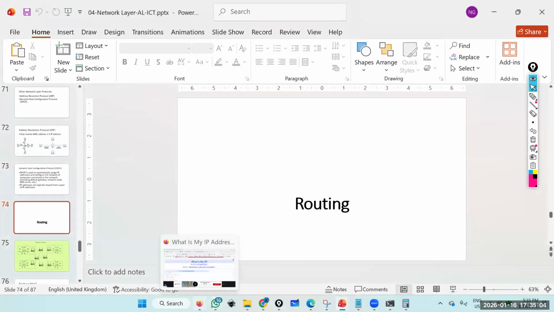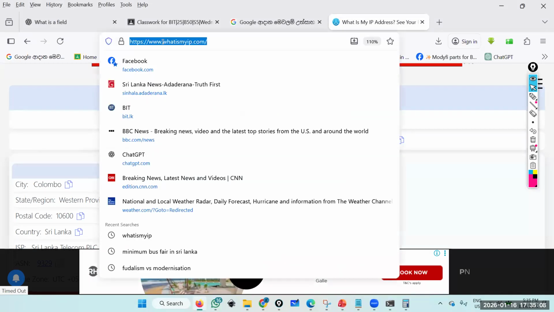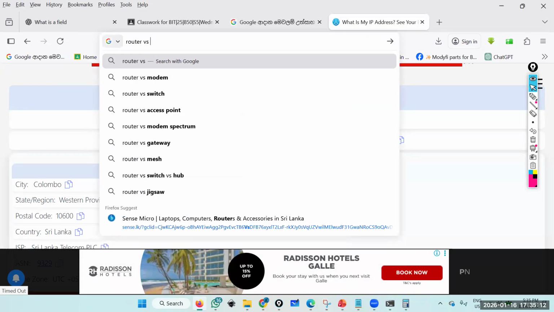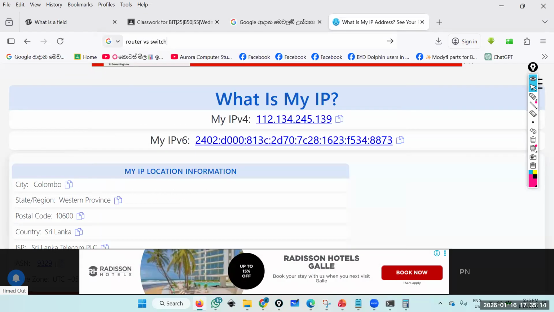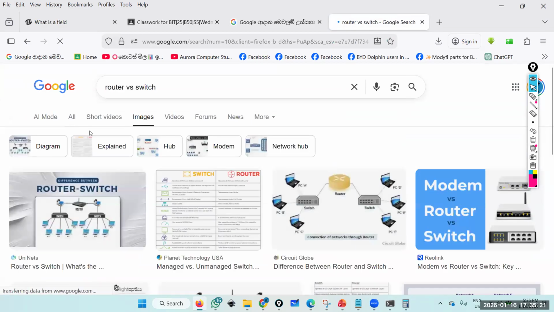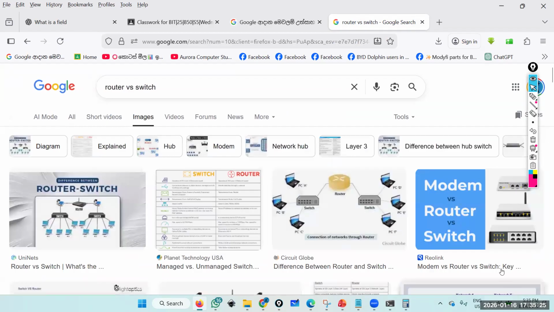It may look similar physically. If I search router versus switch, they physically look the same, but internally the functionality is different. So this is a router, this is a switch, this is a router.